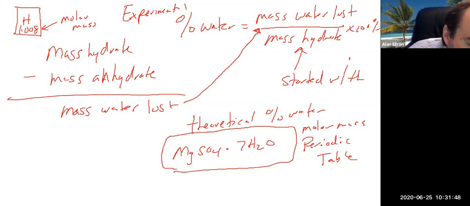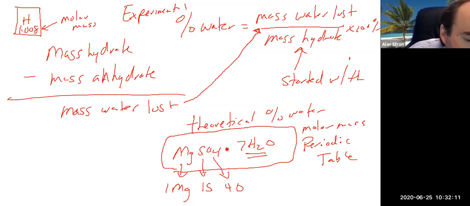And if we were to add up all the parts, basically is what you need to do. So for example, there's 1 magnesium. You need to go to the periodic table, get the molar mass of 1 magnesium. There's 1 sulfur. So you need the molar mass of 1 sulfur. There's 4 oxygens. So you need the mass of 4 oxygens from the periodic table. And the thing that most people mess up on is they forget all about the water part.